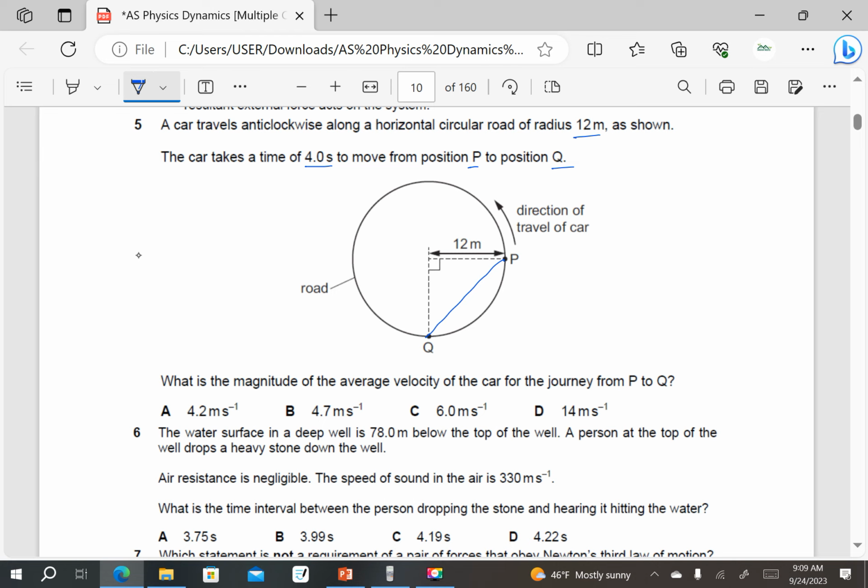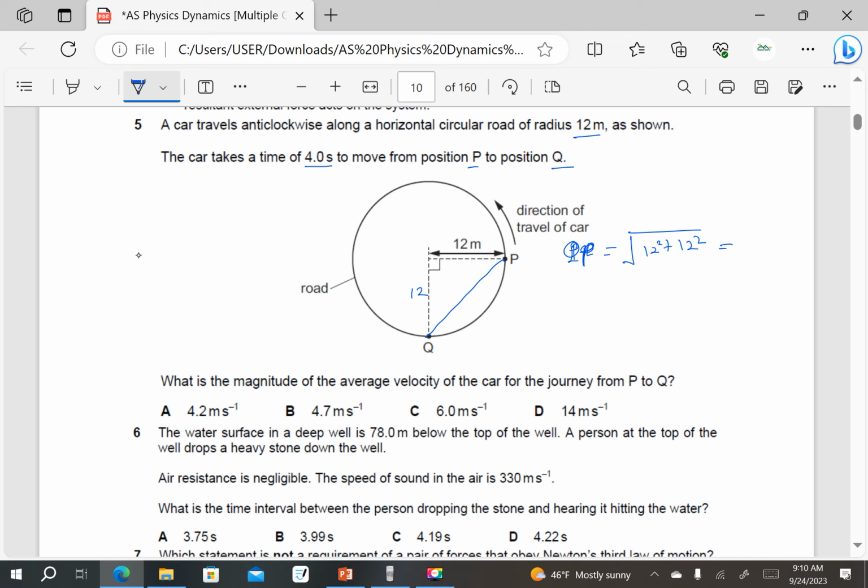So this is 12, this is also 12. Let's find that displacement, QP, the shortest distance between Q and P. Of course, we are using Pythagoras theorem. This is going to be the square root of 12 squared plus 12 squared.